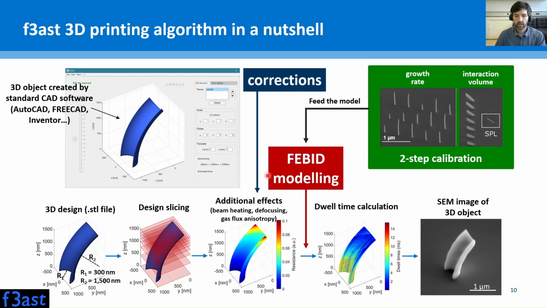In order to take into account additional effects, they are not always important, but if necessary, we may need to do additional calibration, and it brings some second order corrections to the model.